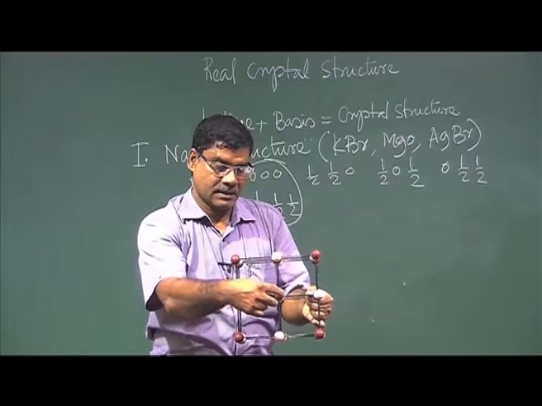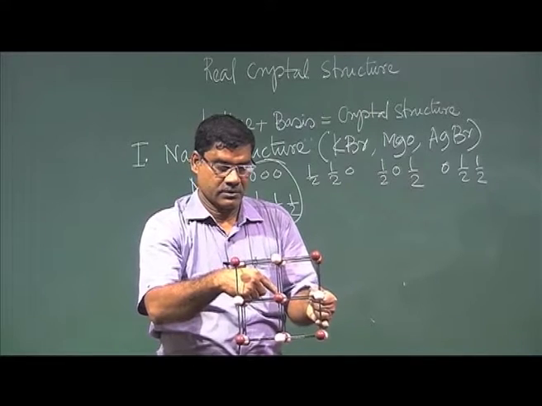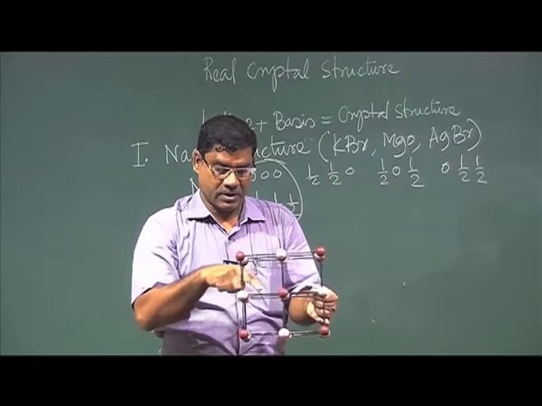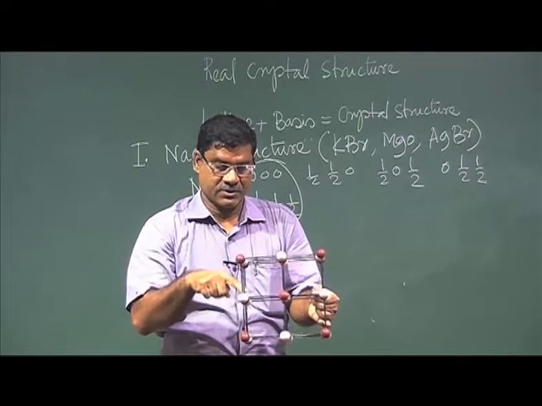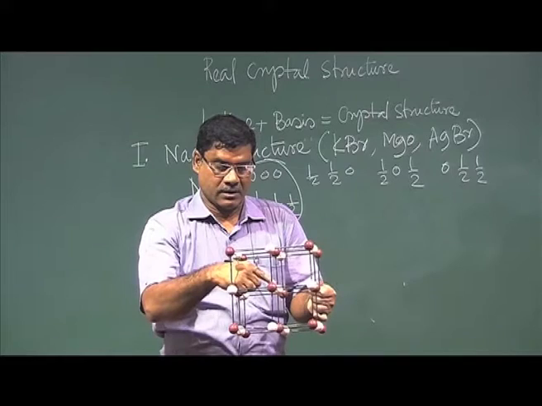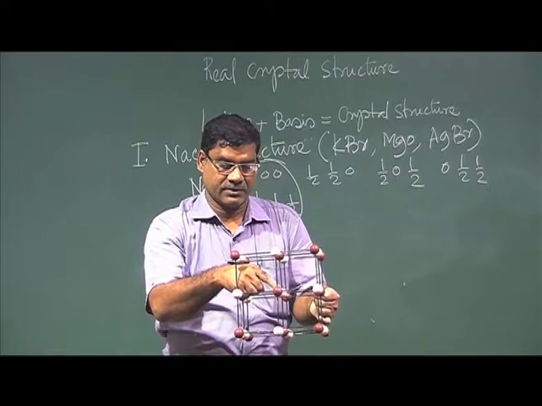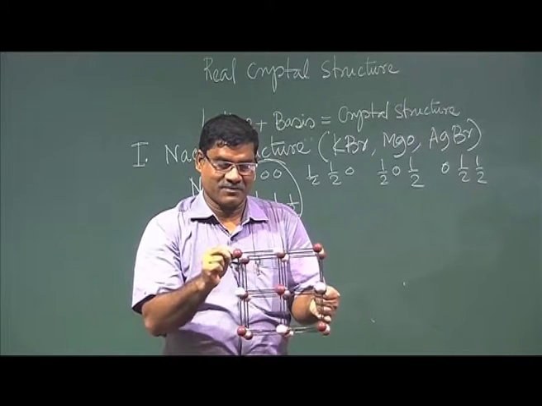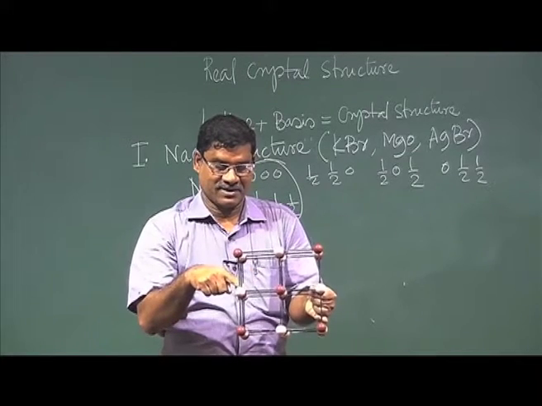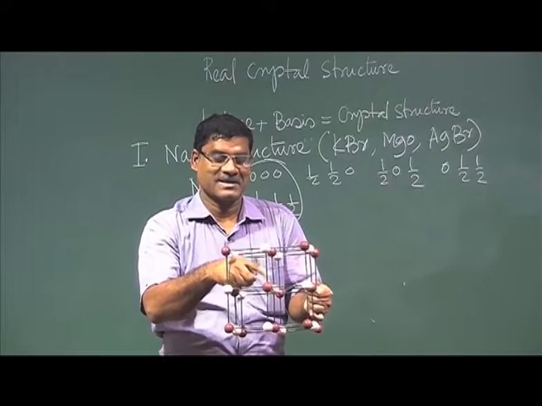What is the coordinate of this one? 0, half, 0. Where half was there, it is coming 0. So half, 0, half and 0, half, 0, right.